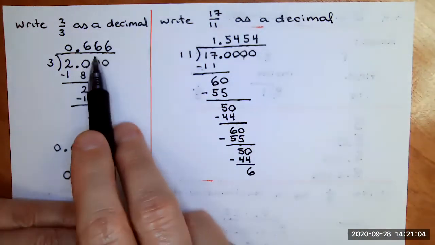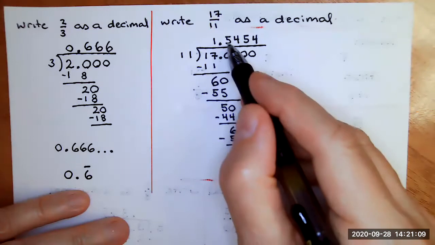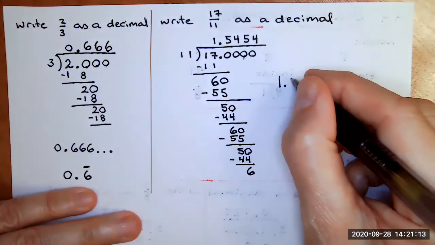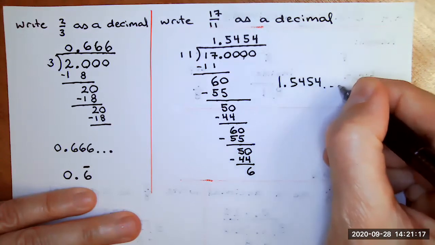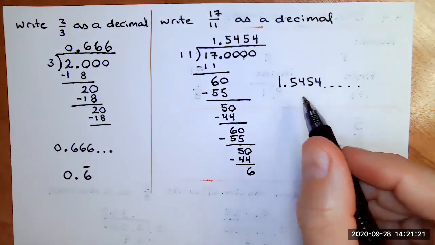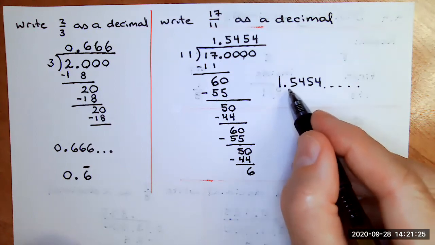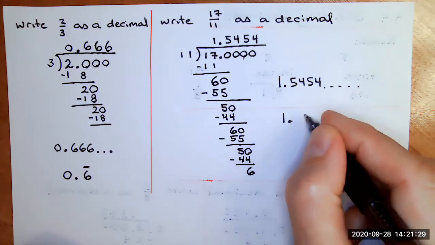So it's not necessarily just going to be one number that repeats. It could be 2 or more numbers. So you write this as 1.5454 forever. Or the official way to do it is to use the repeater bar, and you're going to put the repeater bar over the first repeated decimals.